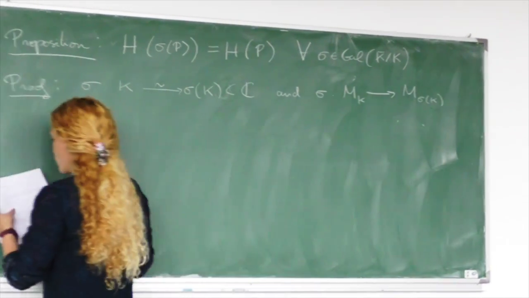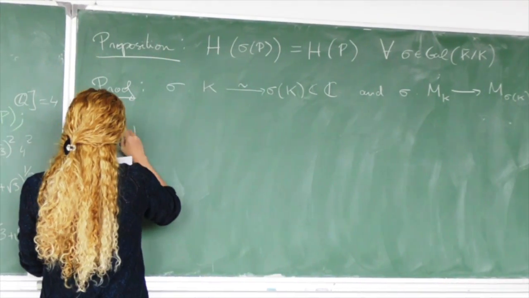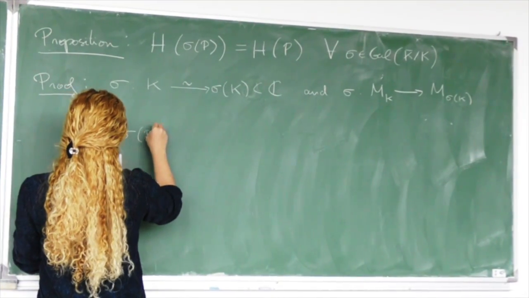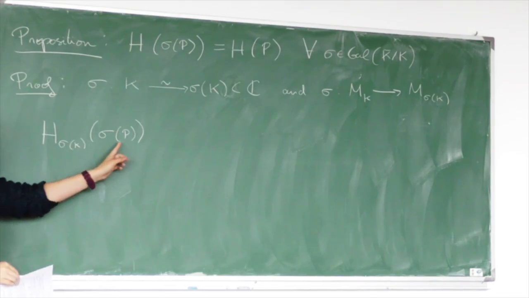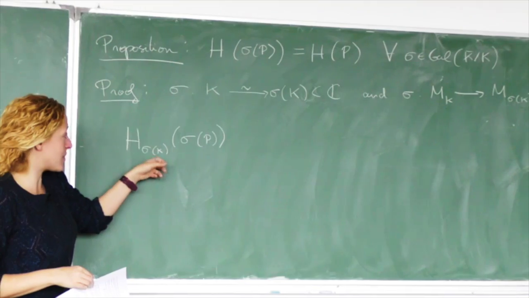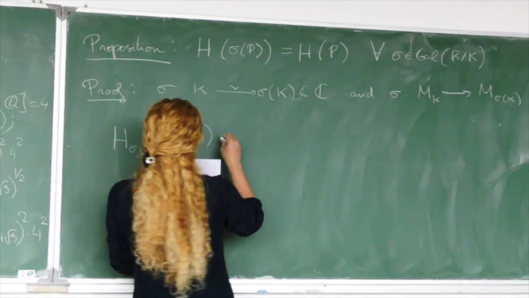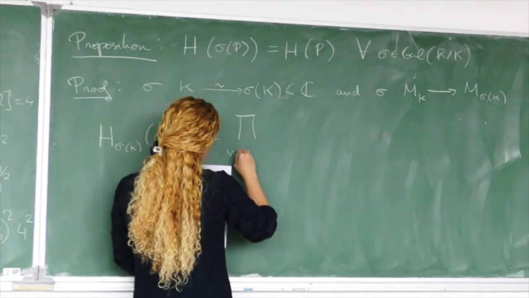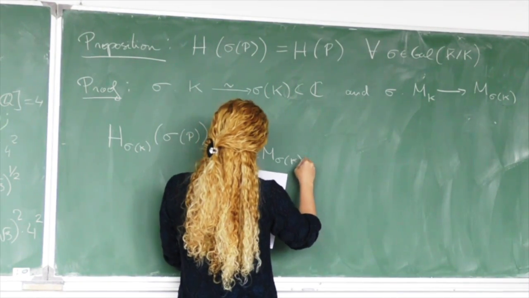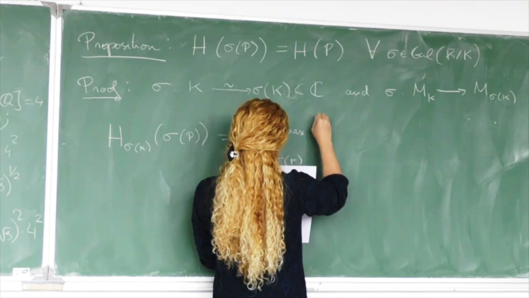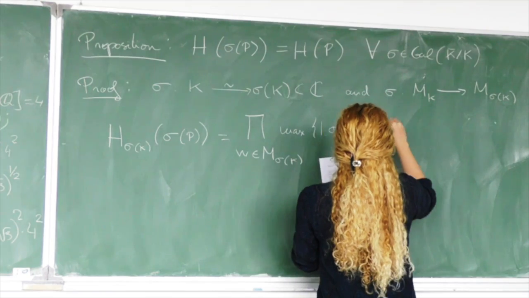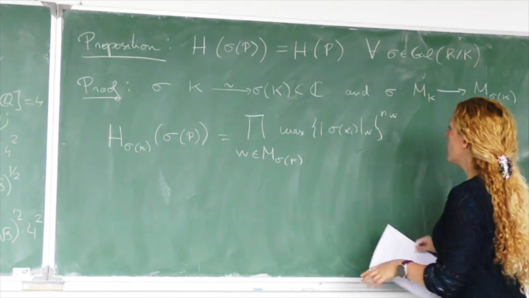Very well. Then we can write things as follows. The height of the conjugate of the point, as a point with entries in sigma K, is by definition the product, when I take an absolute value here, of the maximum of sigma of xi.